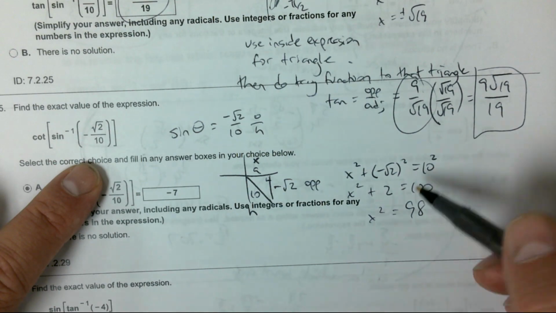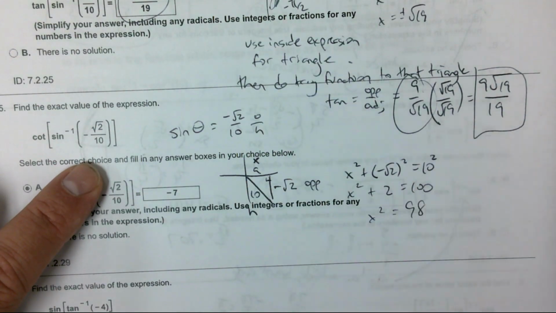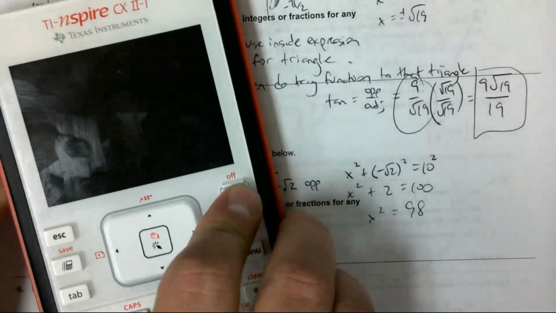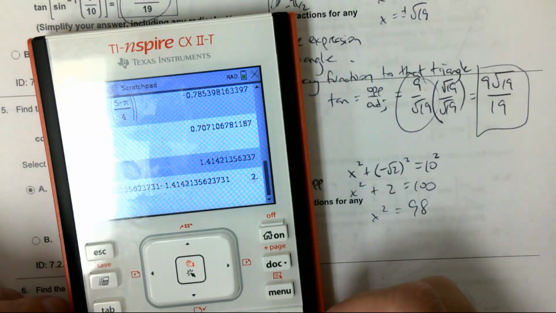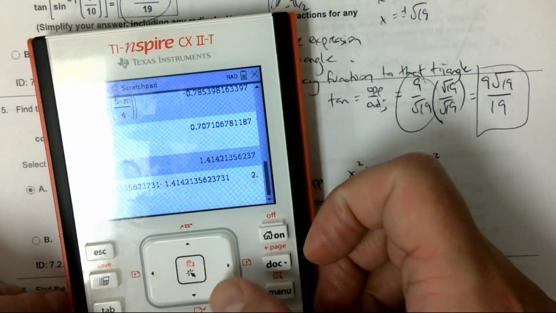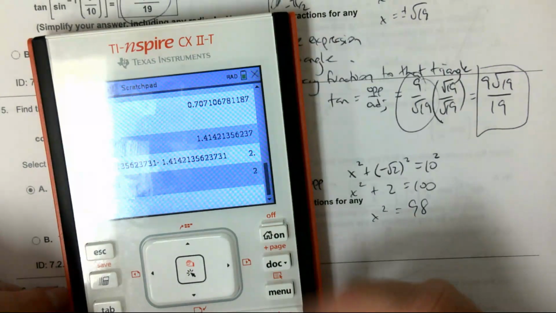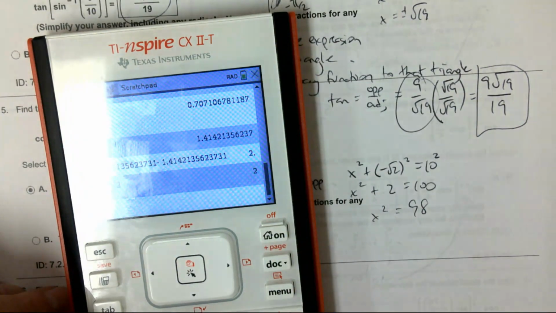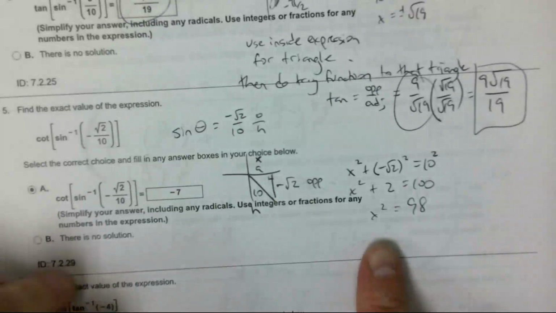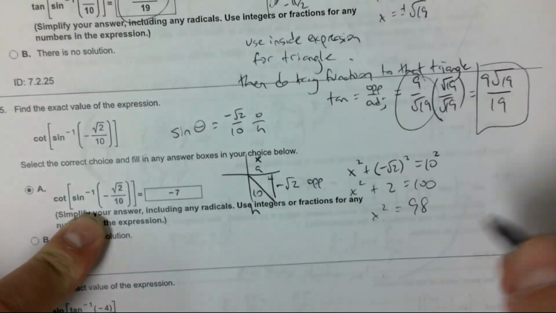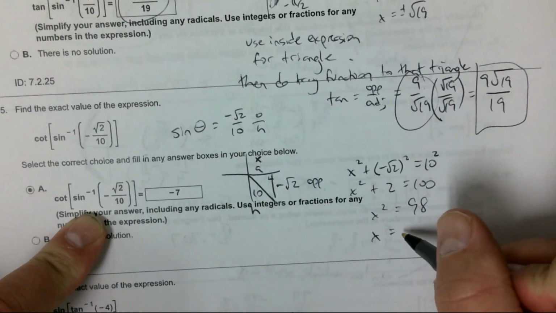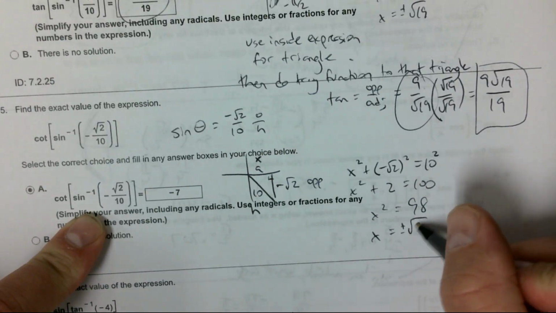Wait, negative square root of 2 squared. Yeah, that is 2. Okay, so x squared is 98. And so that means x is plus and minus the square root of 98.